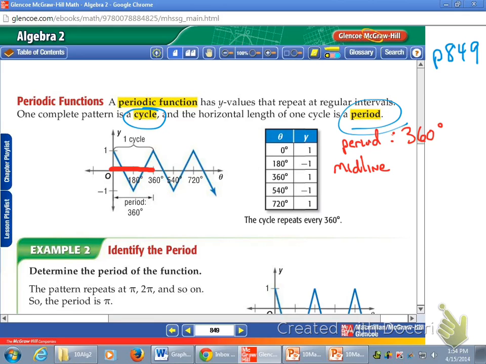Okay? Now, this graph goes on forever to the left and forever to the right. This graph in particular may not go to the left. It's kind of hard to tell. But even though it's not listed here, when I look at this arrow, do I think the graph goes down like this? Or do I think it repeats itself?